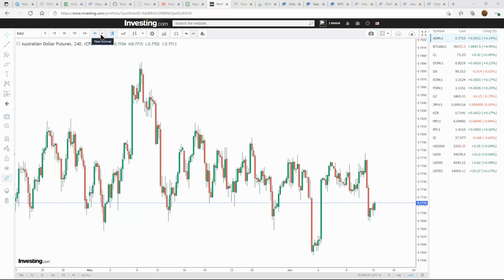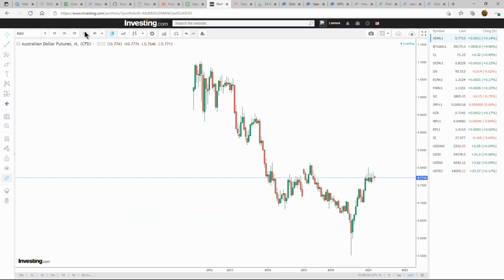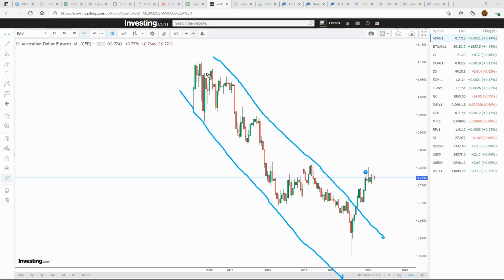So I'm going to do this again, starting off on the monthly time frame. What I'm seeing on the monthly time frame was a continued move to the downside. We were inside of a very tight range, and when I say tight, we're talking over years.